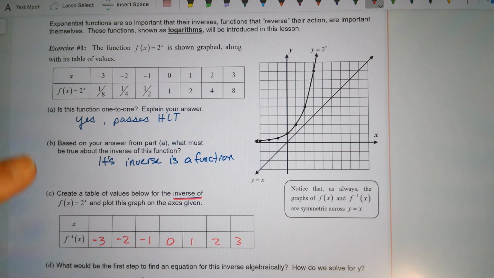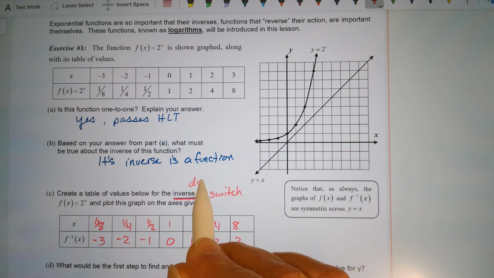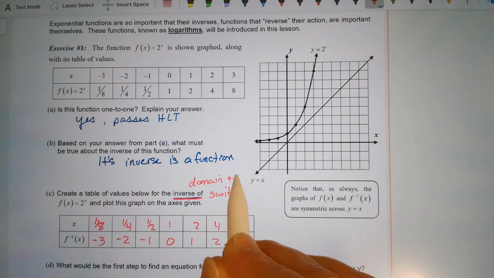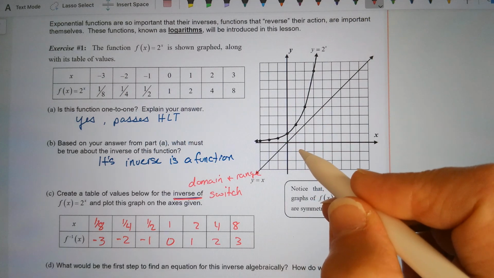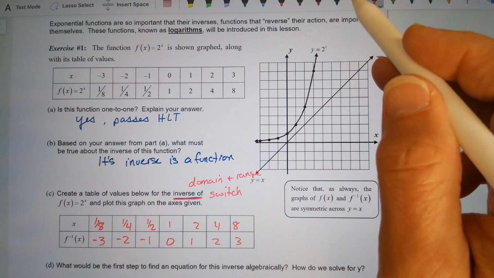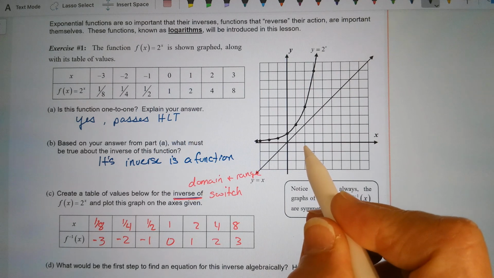And our range is now our domain for our inverse. Now graph this by plotting these points. I find it helpful to have some numbers here.